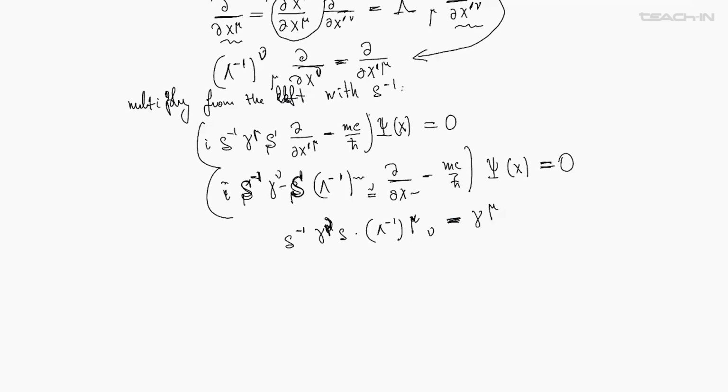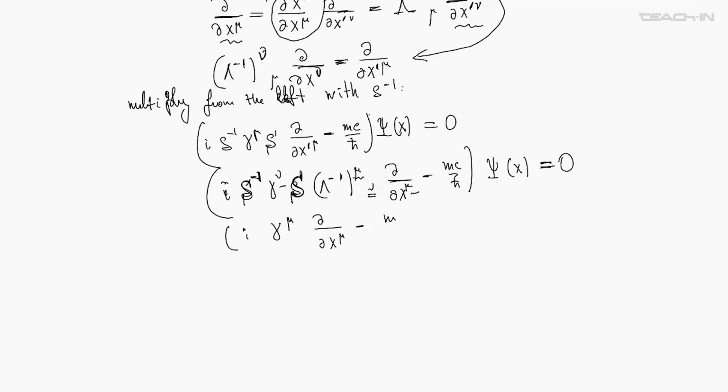And then this equation I compare to the old form of the Dirac equation. So let me do it in detail. I want to compare this to iγ^μ ∂/∂x^μ minus mc/ħ ψ(x) is equal to 0.